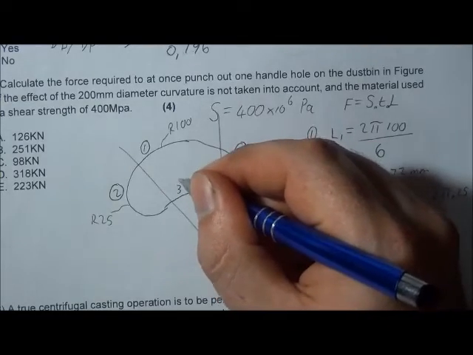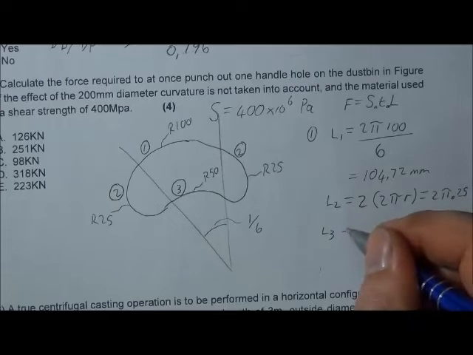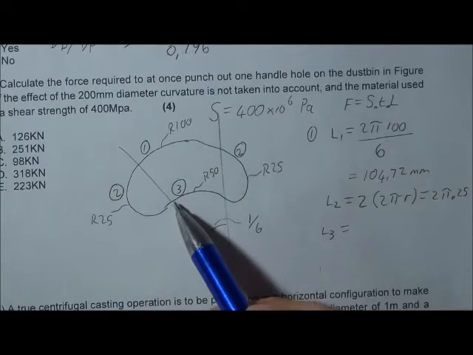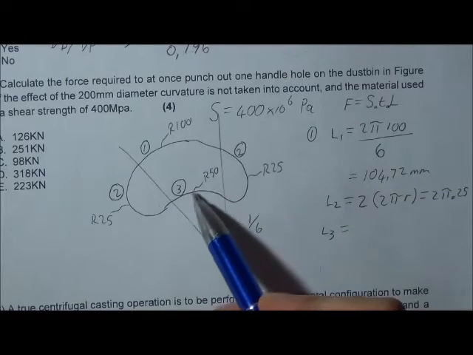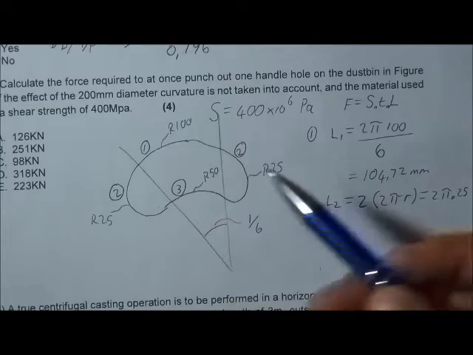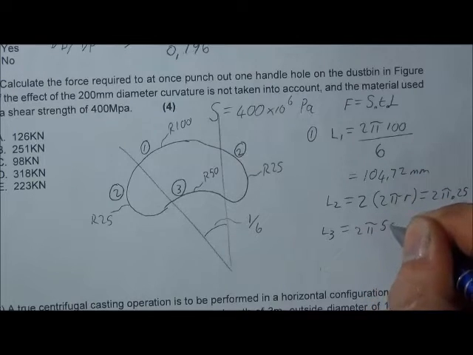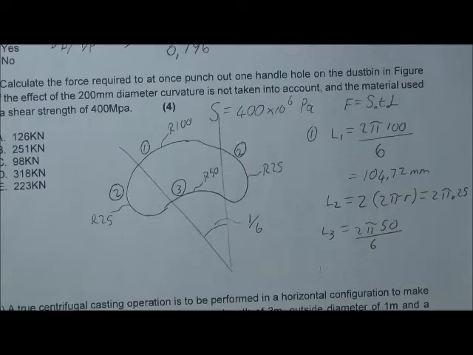And then length 3 is this 6th rotation of a circle with a radius of 50. It's 2 pi 50 over 6.